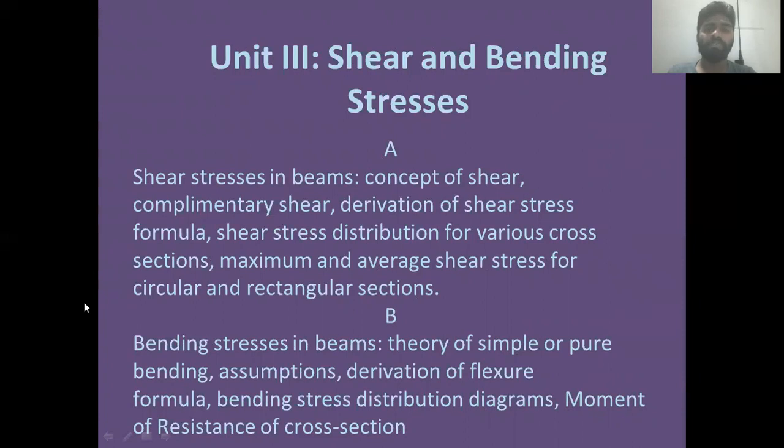So in the first section, concept of shear, complementary shears, derivation for shear stress formula, shear stress distribution for various cross sections. There are various cross sections we are going to use, circular, rectangular. These are the common cross sections we are going to use. So what are the shear stress distributions along this circular or rectangular cross section? Okay, we are going to see in this unit.